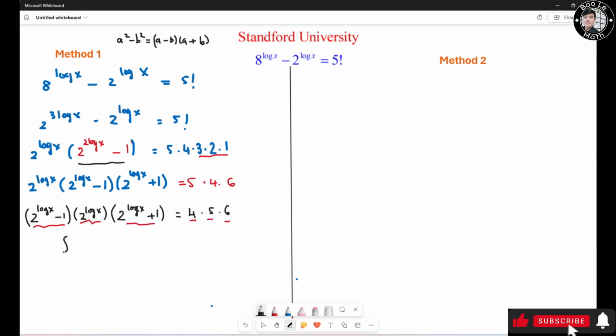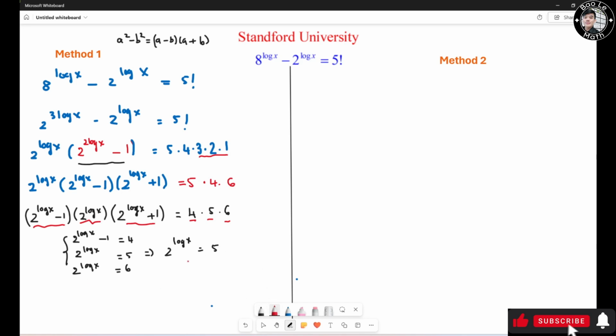So it turns out 2 to the log s minus 1 equals 4, 2 to the log s equals 5, and 2 to the log s plus 1 equals 6. Alright, these 3 equations are actually the same. It turns out to be 2 to the log s equals 5, right?